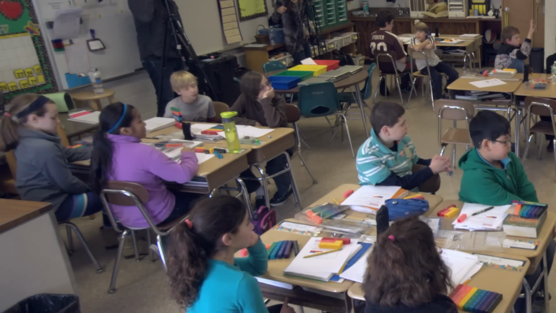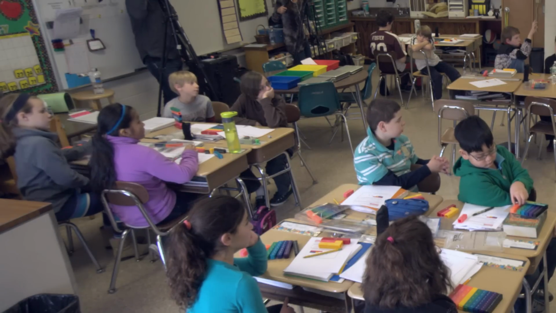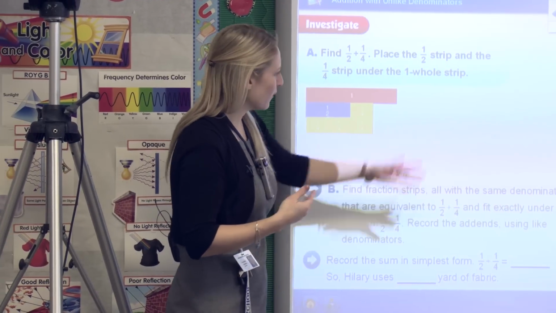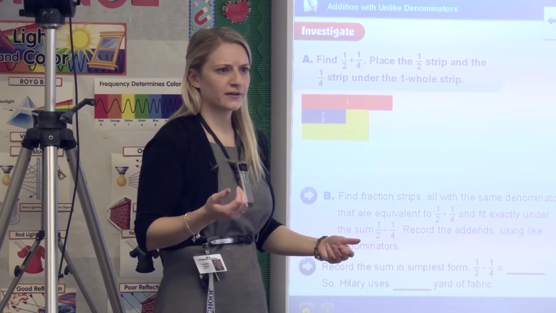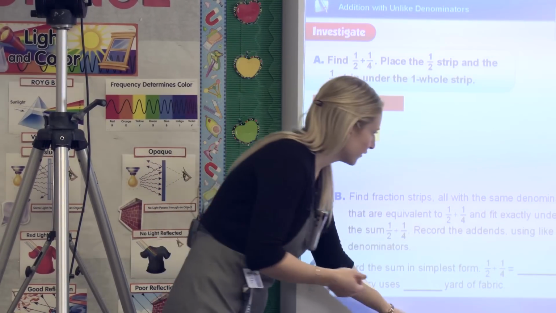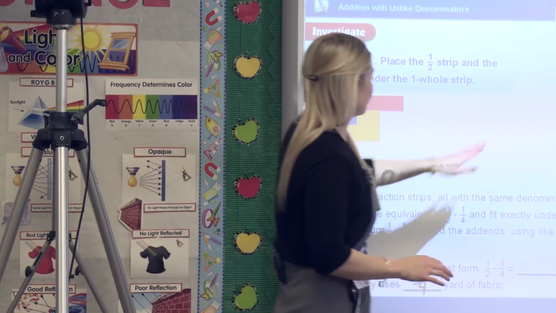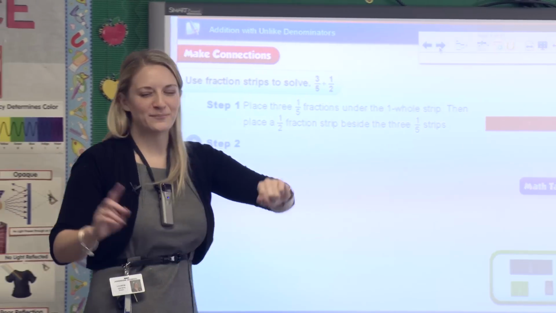If you and I both like basketball, we have that in common. Yeah, common. So they have common denominators. So Maddie, what would the answer be? Hillary uses how many yards of fabric? 3/4.